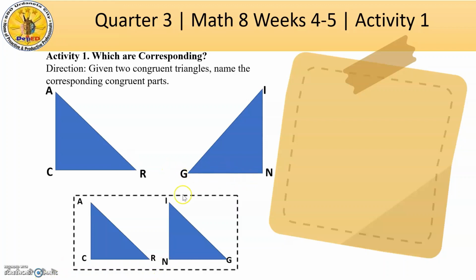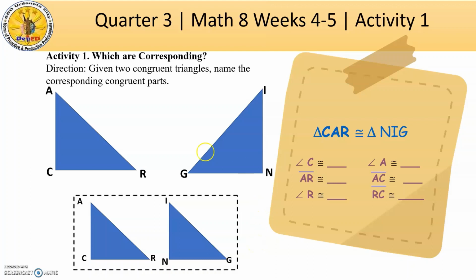So by turning, we made the positions exactly the same for us to easily identify which among the parts are corresponding. Therefore, triangle CAR is congruent to triangle NIG. Now let's name the corresponding congruent parts.